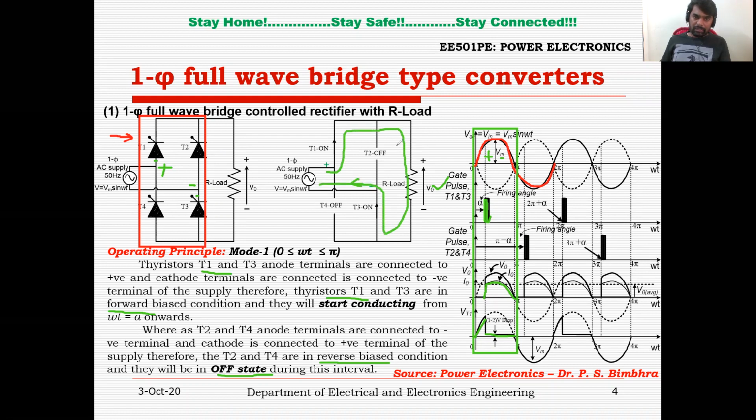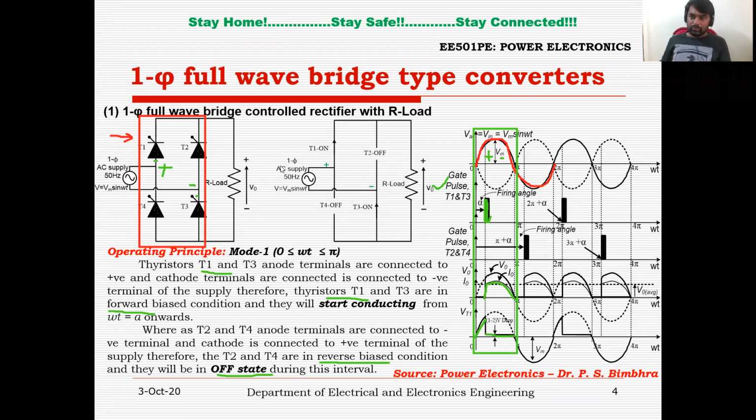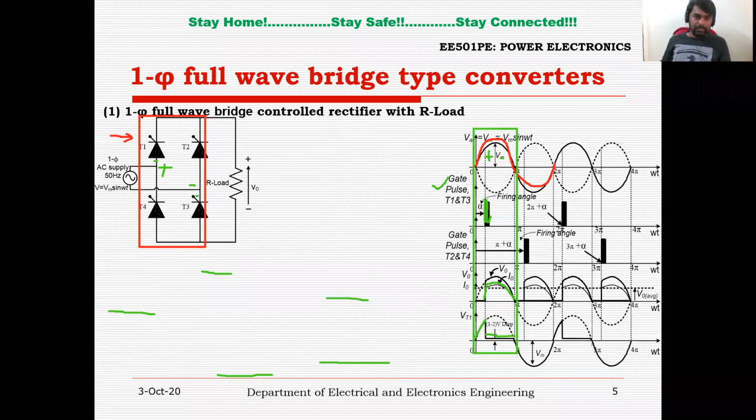These are the directions of current, and you can see the current is entering at the top terminal of this resistance R. I have considered that as positive, the reference point. So this is the direction of current which flows from source to load through thyristors T1 and T3. This is about the positive half cycle.